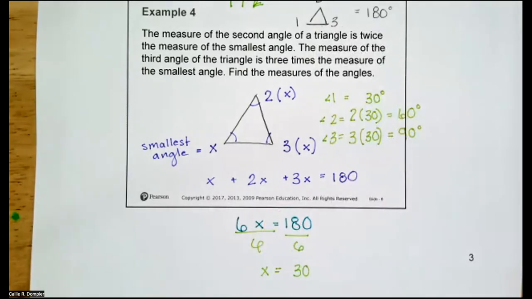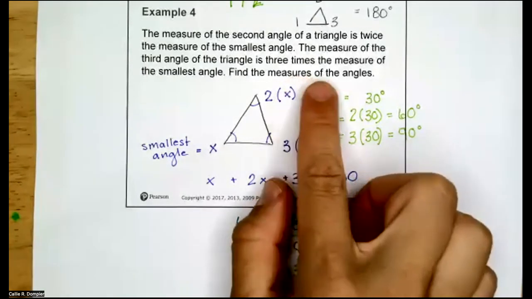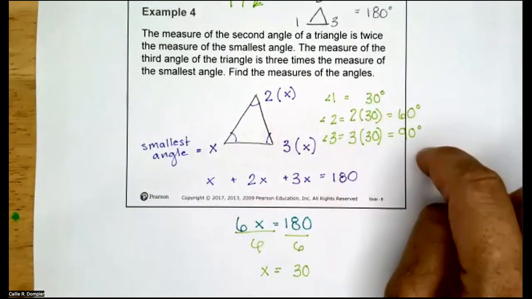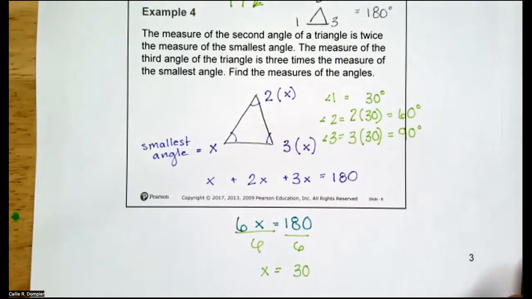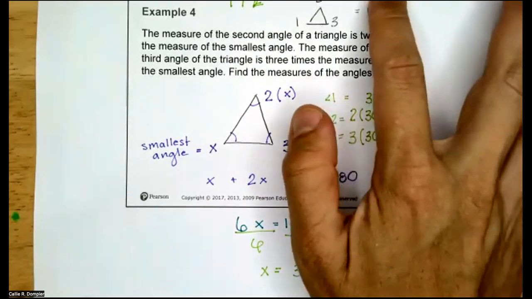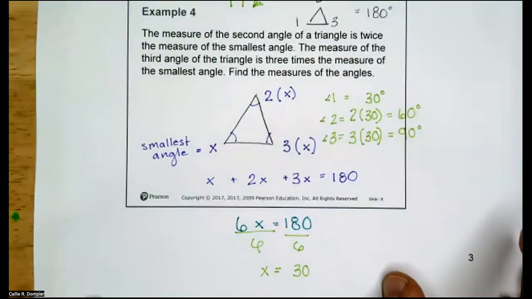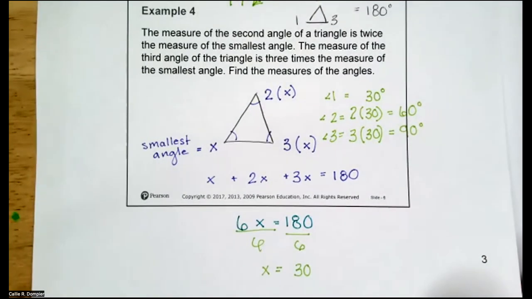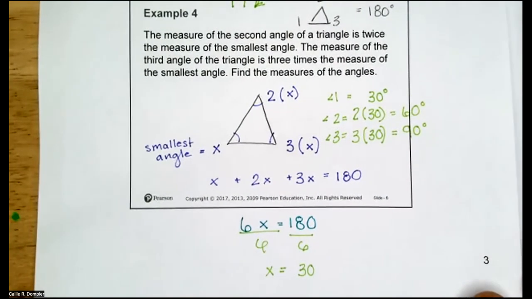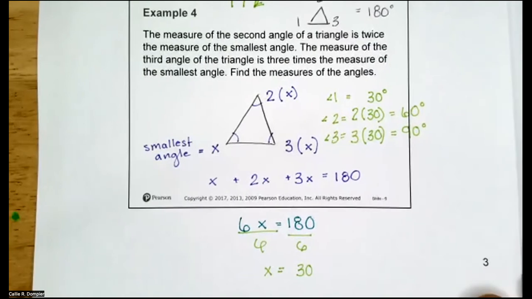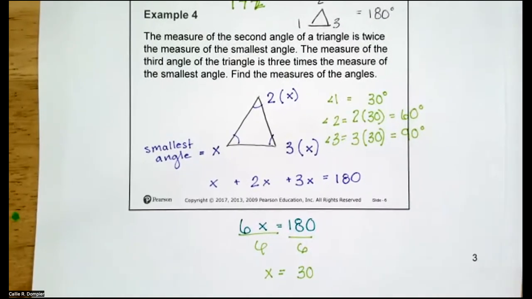So my equation, it's true within the equation I created. So the measures of the three angles are 30 degrees, 60 degrees, and 90 degrees. Again, they're not going to leave you without this information on the homework. Any questions? Or am I going too fast?